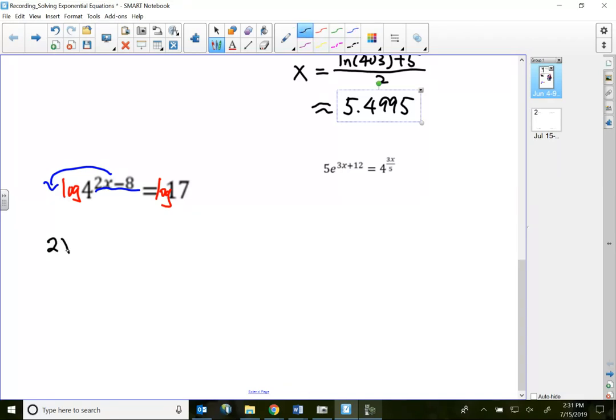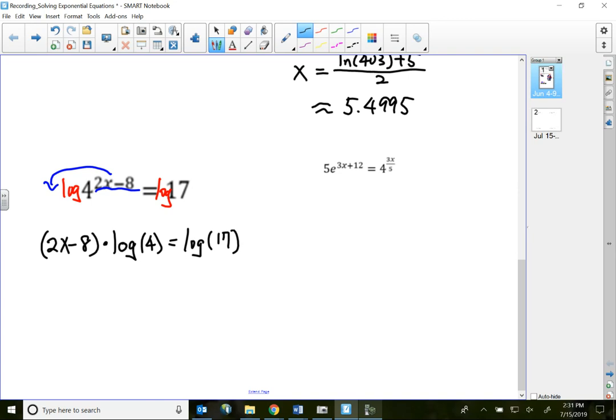So that will be 2x minus 8, 2 terms, both of them multiplied by log of 4, which is equal to log of 17. I put them in parentheses because when we enter it in the calculator, we will also see the parentheses.